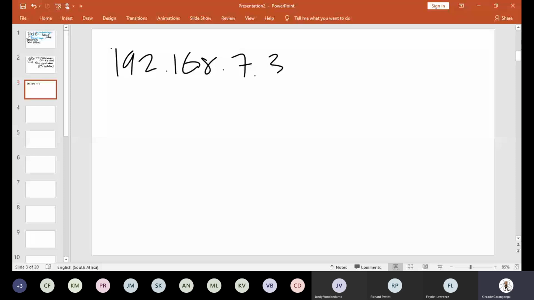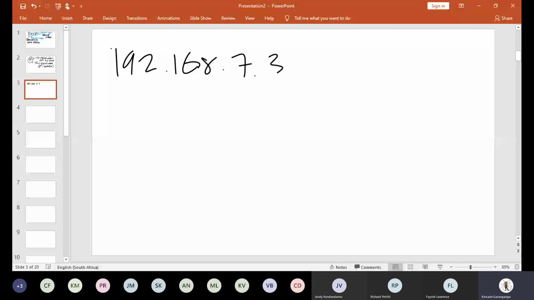Remember, we use decimal as far as basic numbering systems are concerned. But on the other hand, your computer system deals with binary digits, or bits, whichever way you look at it, a combination of zeros and ones that would then be represented in different formats as far as configurations would go.